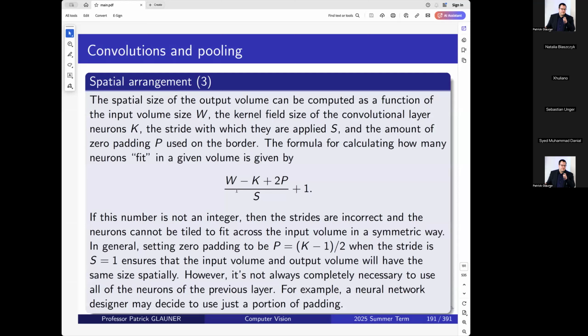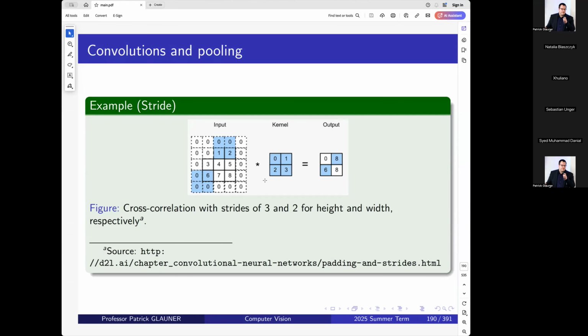There are also some equations for how this belongs together. Probably you're now wondering what your stride should be and how many zero paddings you should put there. This is something you can do by trial and error when you do it for the first time. When you customize your neural network and set the hyperparameters, you could experiment with this.